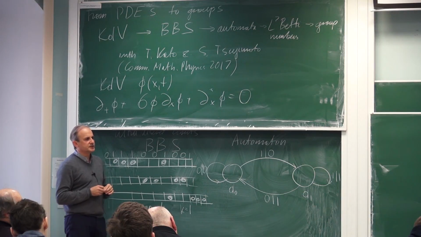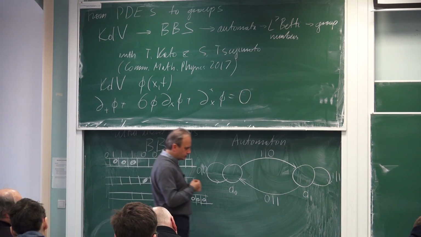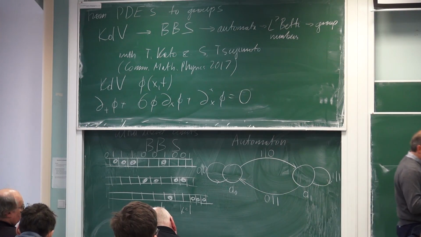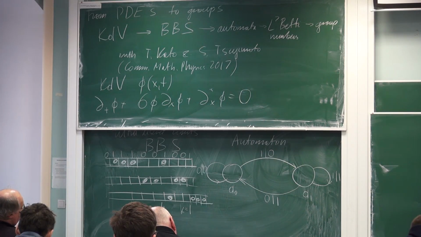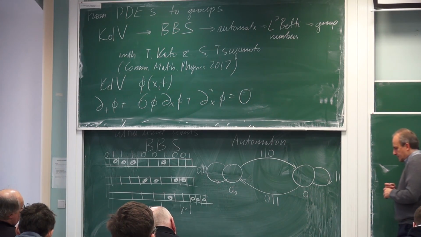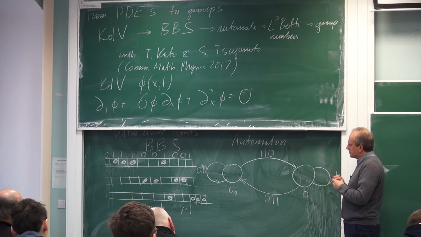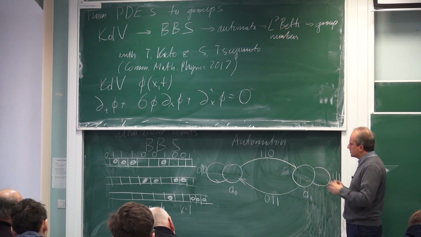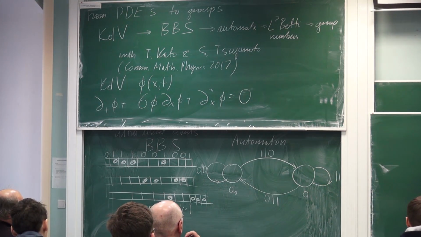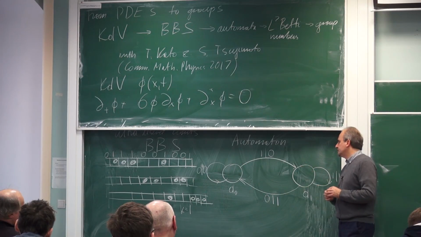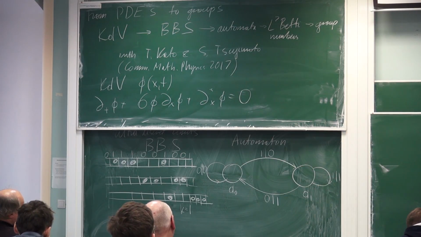But parallel to this, I will try to relate this procedure to notions like von Neumann dimension and L2 Betti numbers in order to show you where this procedure comes from. But from the formal point of view, it will be very elementary.